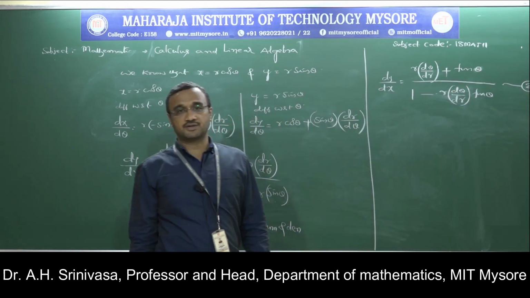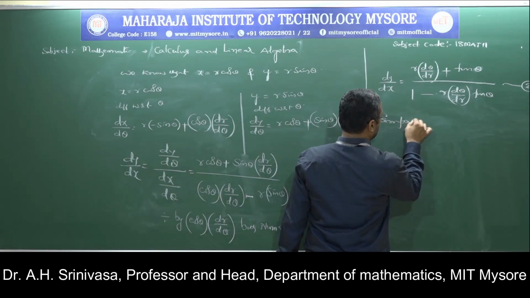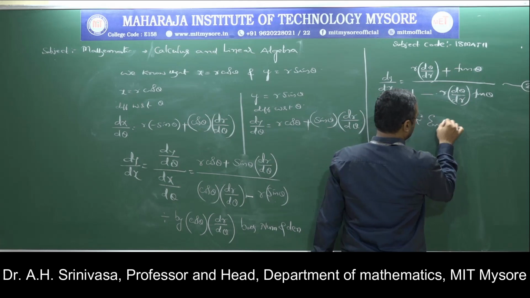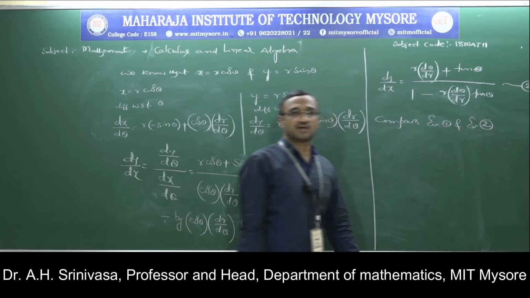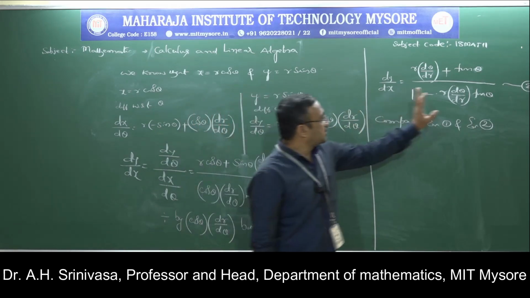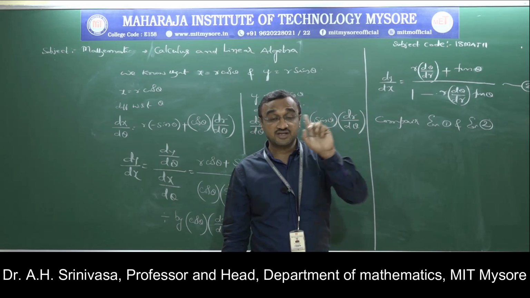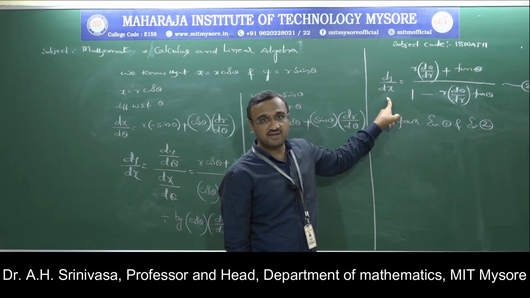Now compare equation 1 and equation 2. What do we get here? Both LHS are the same, both LHS having dy by dx.